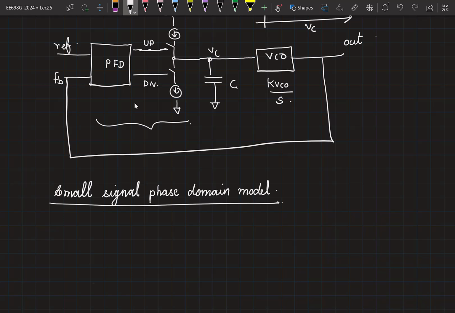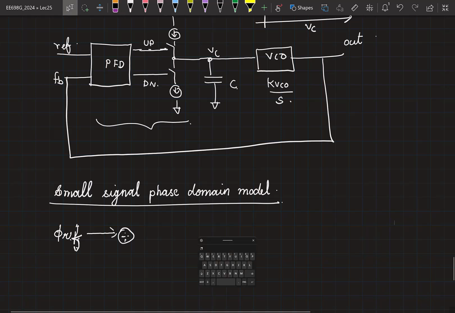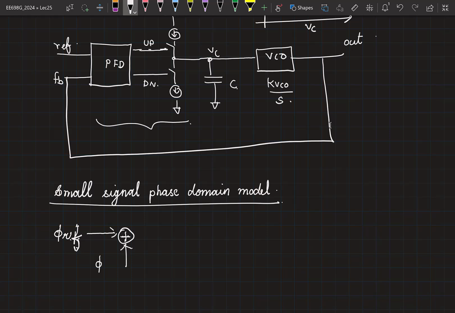So you'll have phi ref, and this is phi feedback. What do these two components give you?